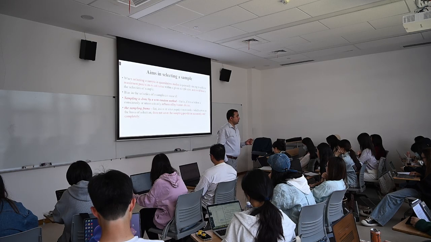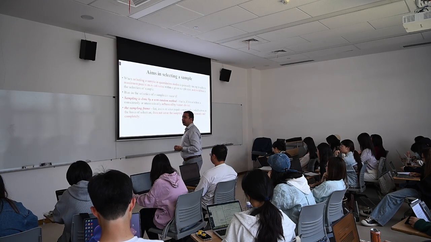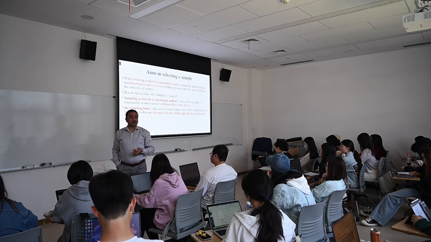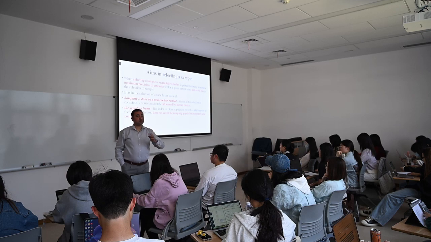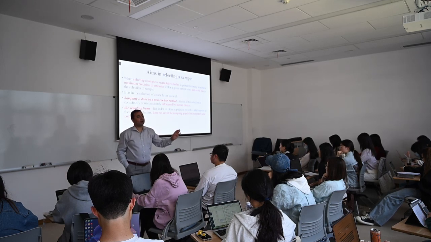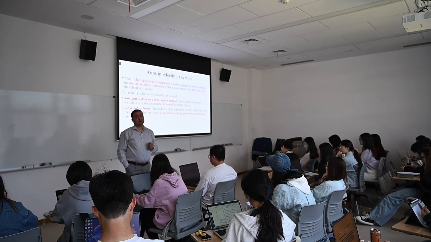Each student should know, okay, I have an equal chance, and if I select this student, it will not affect the selection of another student. It is equal, and independent of the selection of another student.